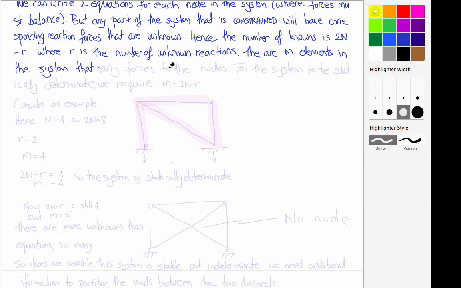There are also m elements of the system, m members of this truss, that carry forces, and the force balance equations allow us to relate the forces in the members to the forces at the nodes, to balance them at the nodes. Therefore, this system will be statically determinate when the number of members, m, is the same as the number of equations minus the number of unknown reactions. In other words, m is equal to 2n minus r.